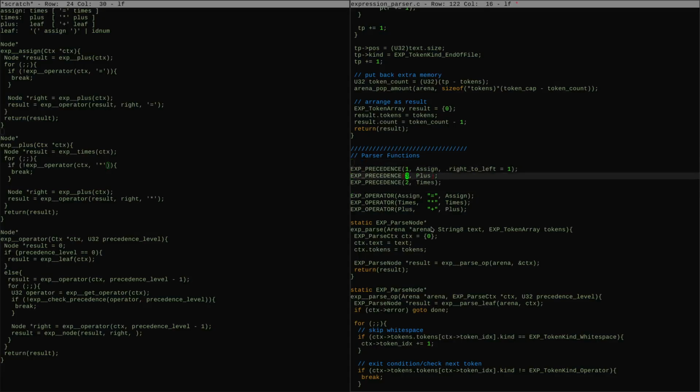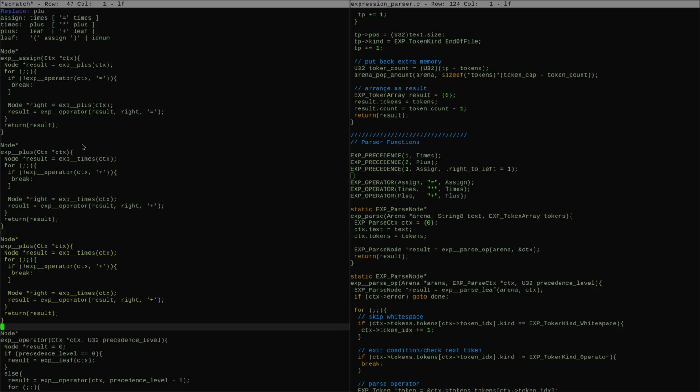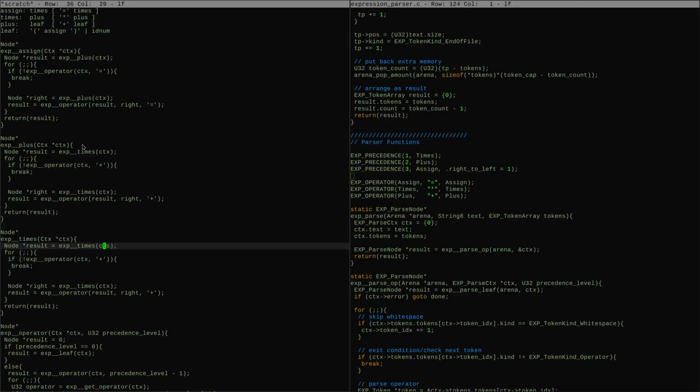Yeah, this is backwards. I'm going to do it like this, so that the strongest precedence is the smallest number. The highest precedence is the smallest number, right? And then this is times and leaf. Okay, that makes more sense.